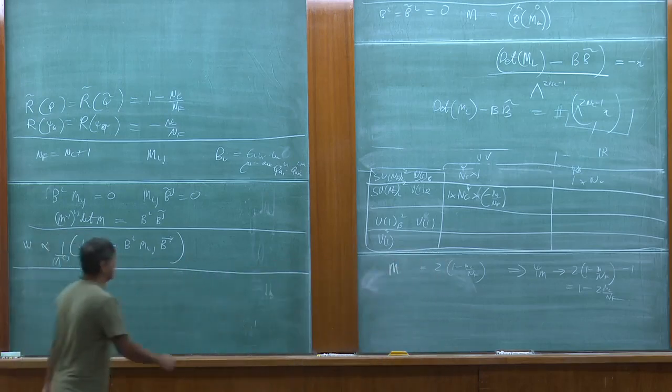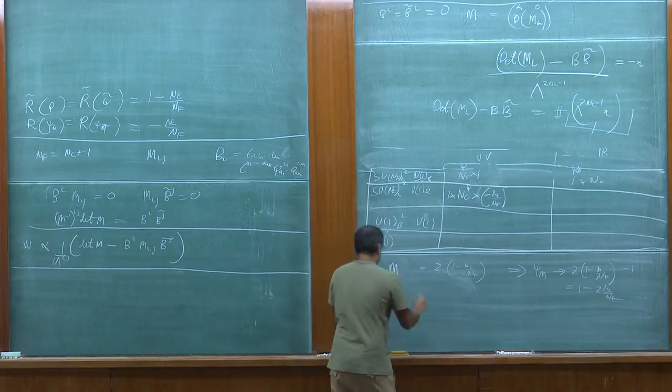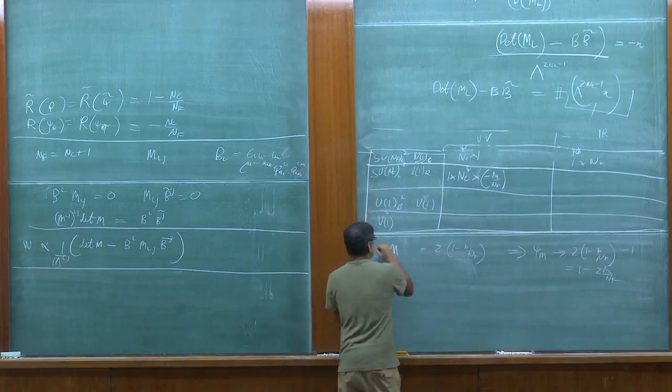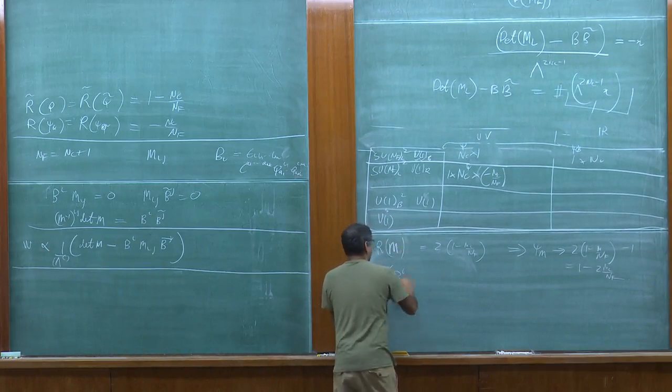And let's do the same thing for B. The R charge for Bi, so I really should be writing R of this.